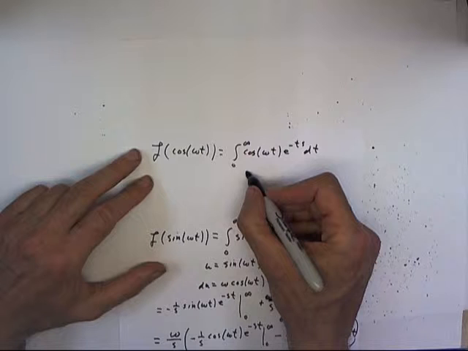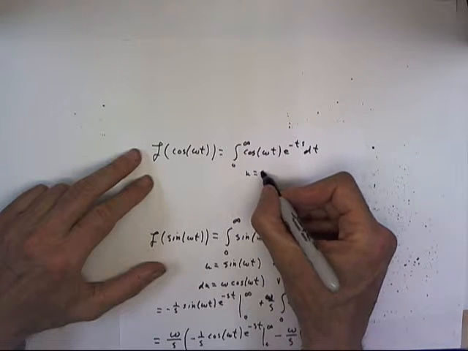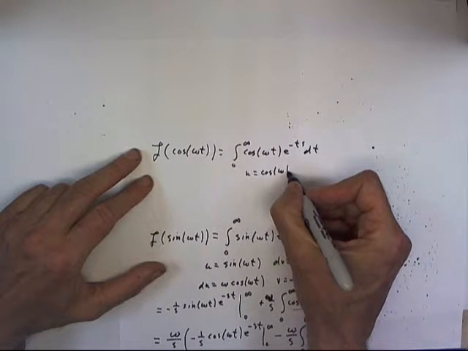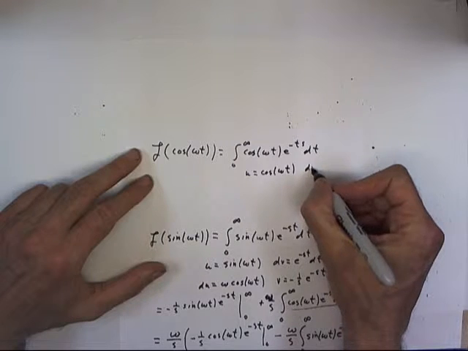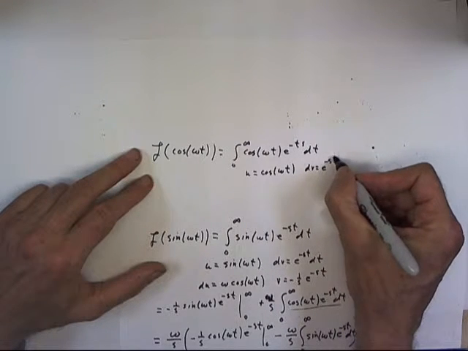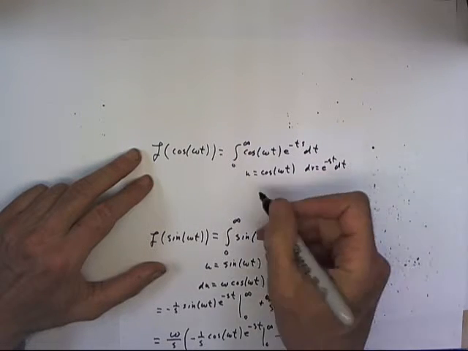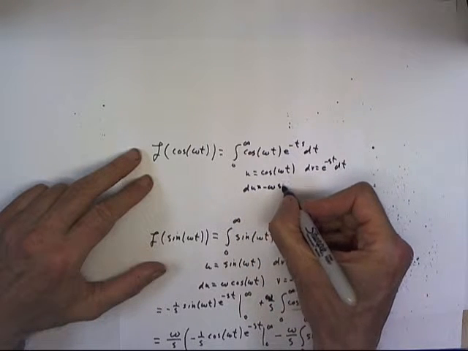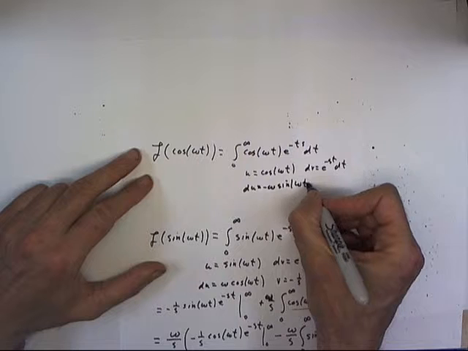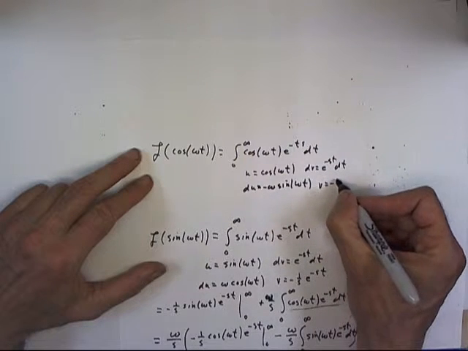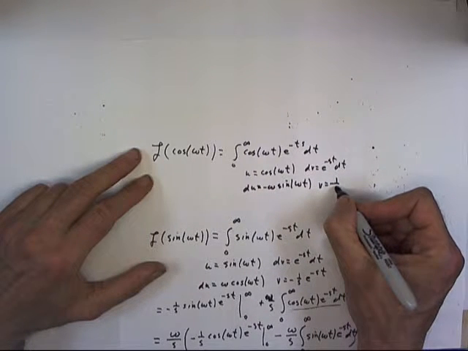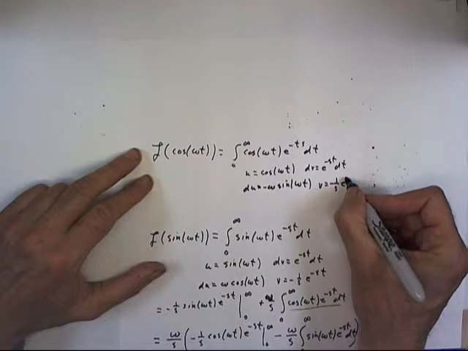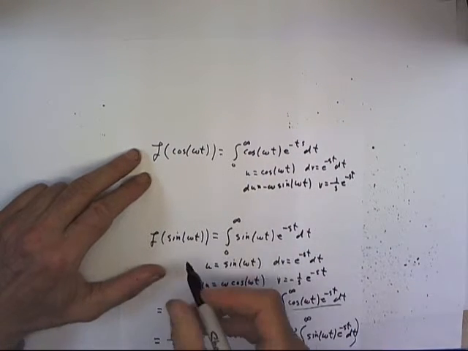But if we let u equal the cosine of omega t and dv equal e to the negative st dt, we get du equals negative omega sine of omega t, and v equals negative 1 over s e to the negative st.